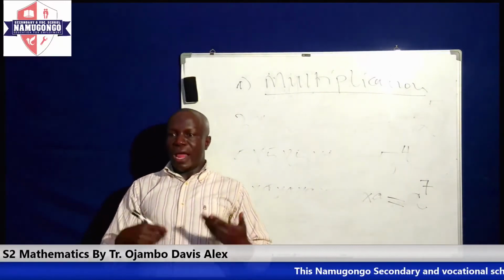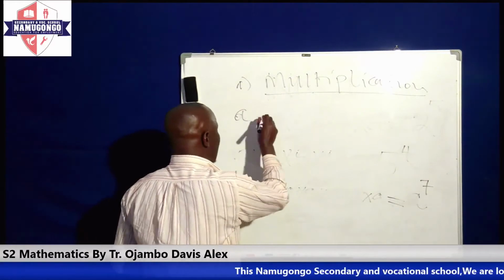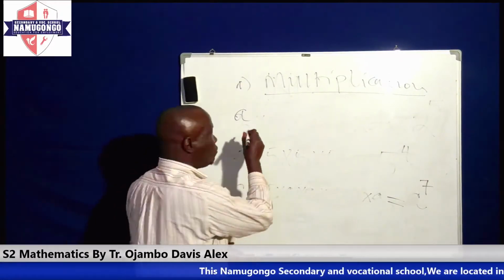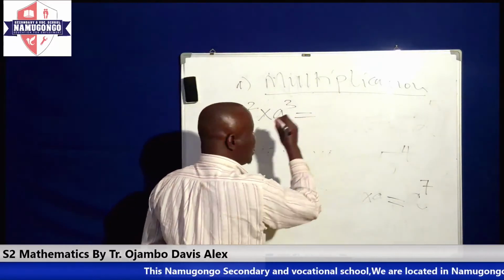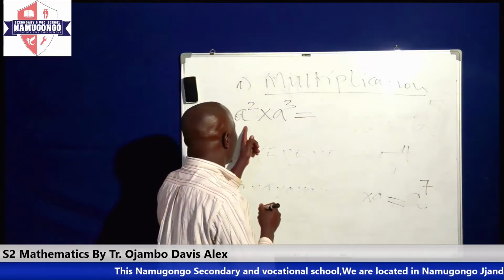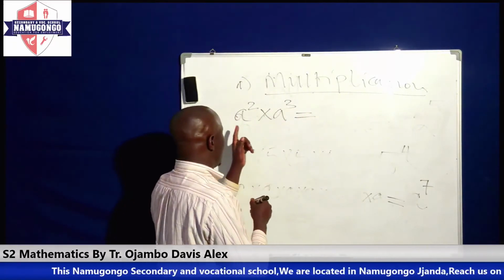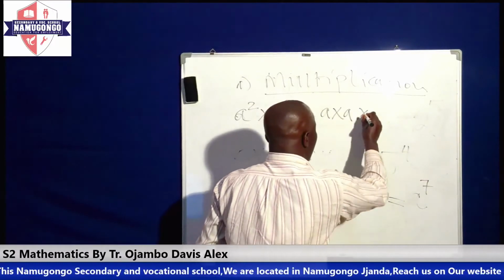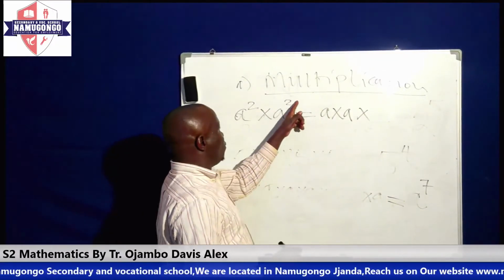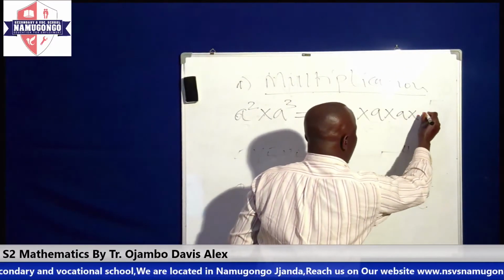When you are multiplying numbers with the same base, for example, if we have a raised to the power of 2 times a raised to the power of 3, this can be written as a raised to the power of 2 multiplied by a raised to the power of 3. So a raised to the power of 2 can be written as a times a, multiplied by a raised to the power of 3, which can be written as a multiplied by a multiplied by a.